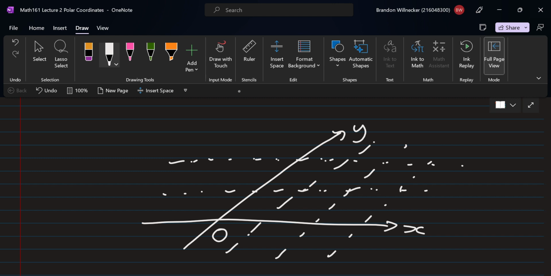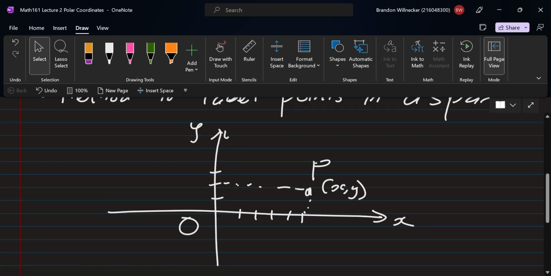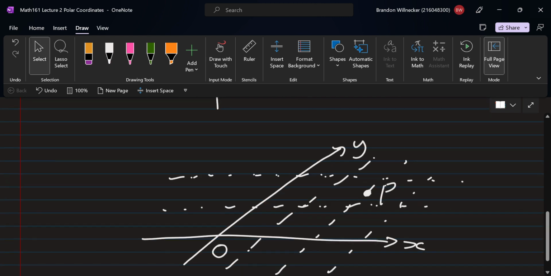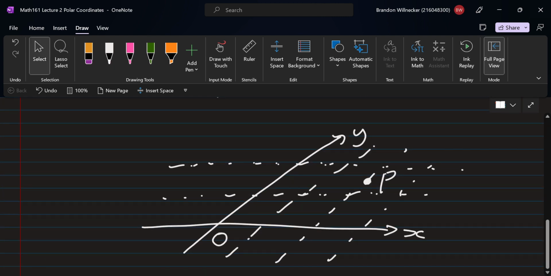And then we can have some point here, P. This will have a different coordinate to the other one. We see that the y-axis is angled, so it's going to give us a different number, but it's the same point. So point P can be labeled like this, using this coordinate system. We can use another coordinate system and label the same point. So this is something else that we can use.